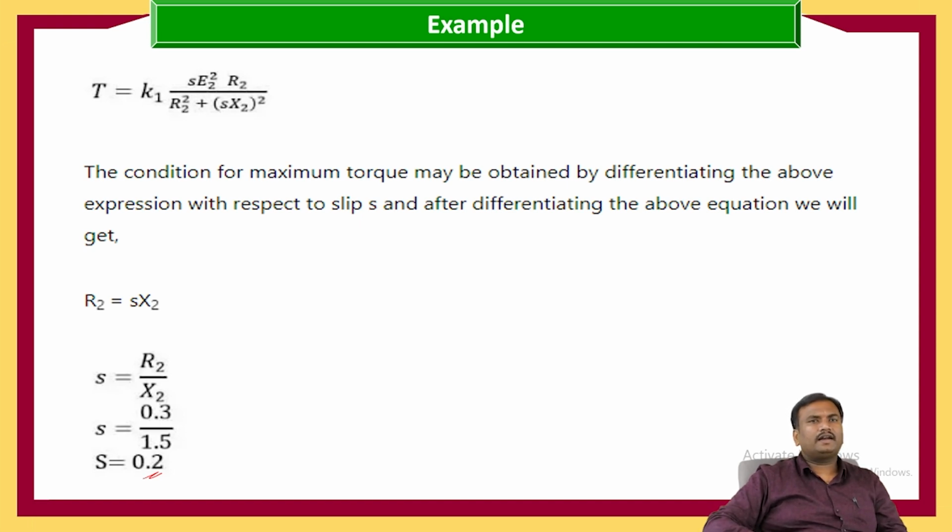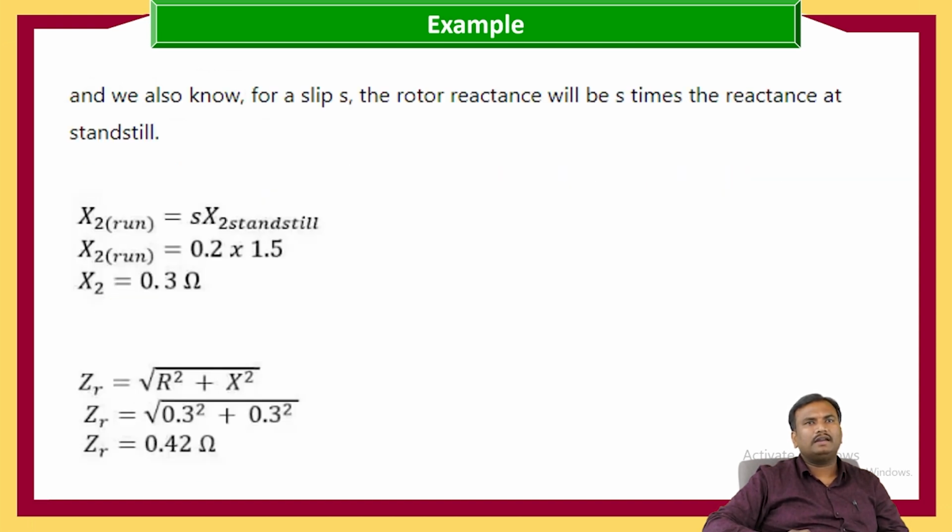Now, after getting the slip value at maximum torque, we need to calculate the impedance. X2 under running condition is equal to S into X2 under standstill condition, that is 0.2 into 1.5, which is equal to 0.3 ohms.